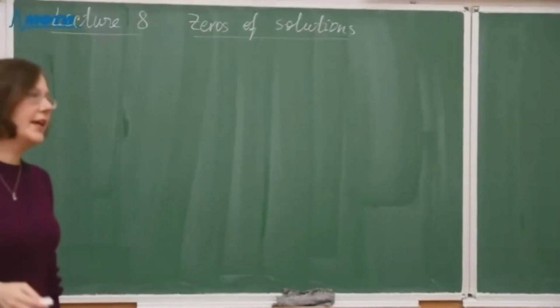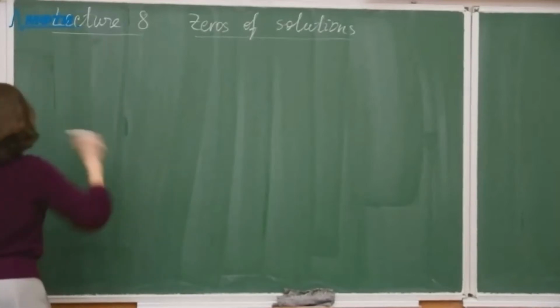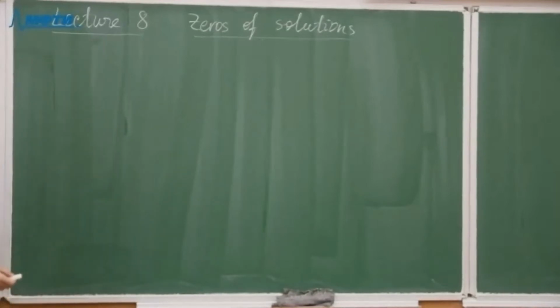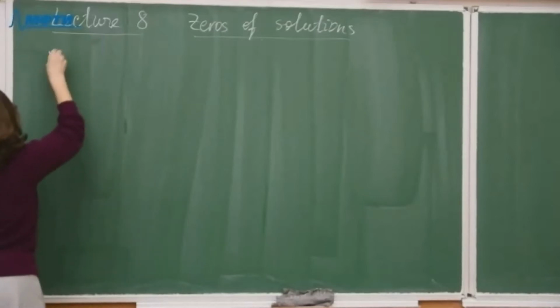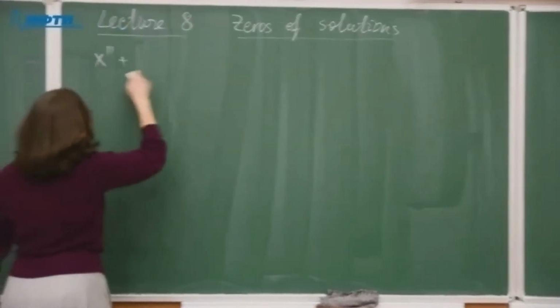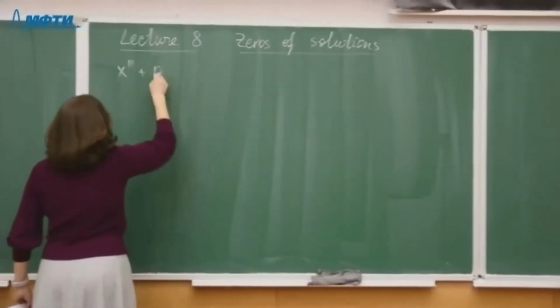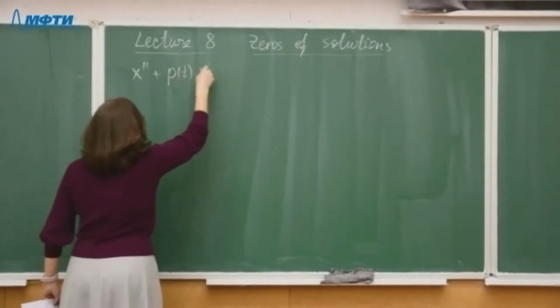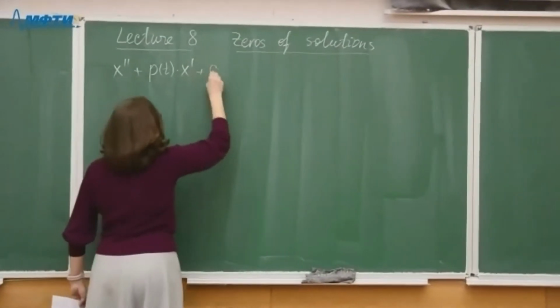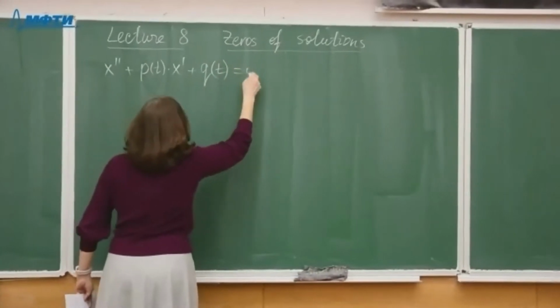So today we will consider scalar differential equations with variable coefficients. I mean the equations of the form x double prime plus, let it be p of t, x prime plus q of t x equals 0.